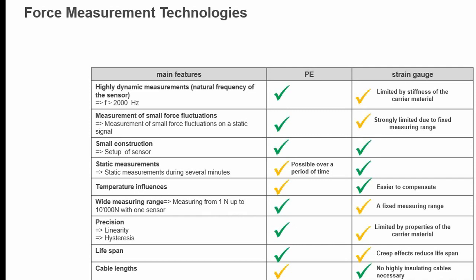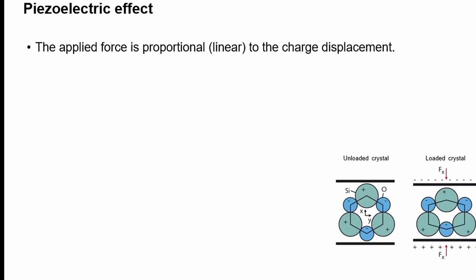Okay, so for the principle of a piezoelectric dynamometer, we must understand how the piezoelectric effect works. Okay, some materials, when a certain mechanical force is applied on them, develop a charge in their body. Okay, and the amount of charge that is developed is related to the mechanical force that is applied on them.